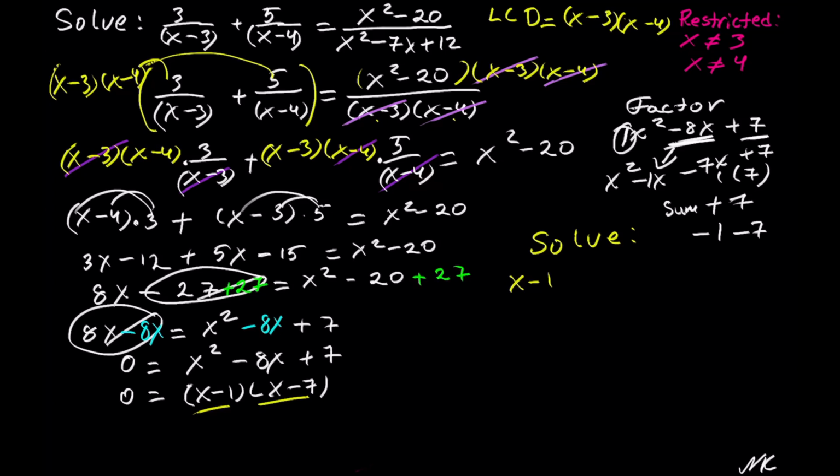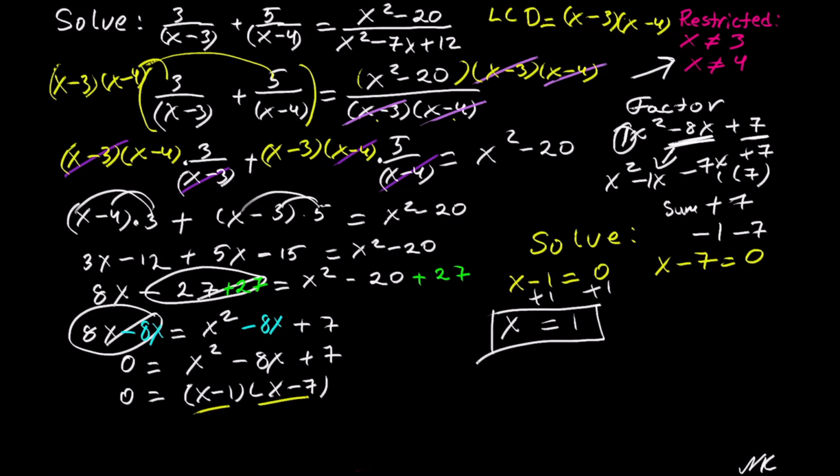So x minus 1 equal to 0 and x minus 7 equal to 0. So we have x minus 1 equals 0. We can solve it by adding 1 to both sides. So we get x is equal to 1. 1 is not one of the restricted values, so x equals 1 is our solution.